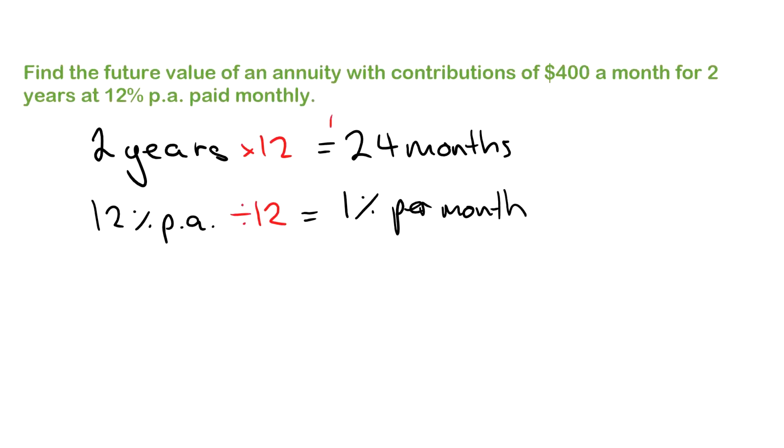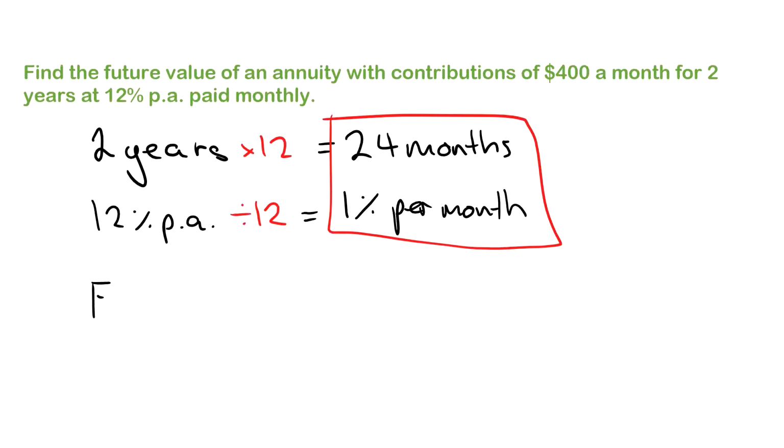Now these are the figures we're dealing with when we're looking at our table. I'm looking at 24 months and 1% per month. In the example above I didn't write it down, so this time I'm going to write down what our factor is. Our factor comes out as 26.9735.